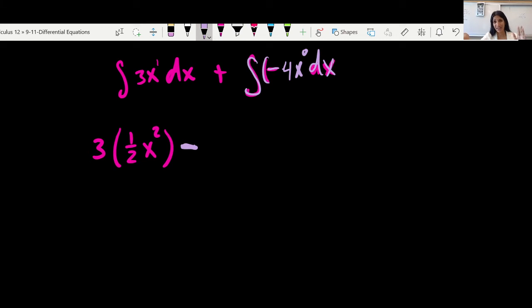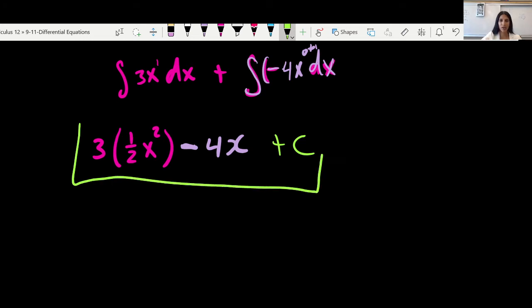You don't actually have to write that. I'm just doing it so you clearly see where it's coming from. We add 1 to the exponent, so this would be minus 4 times x, because I don't need to worry about the over 1 here. It's just minus 4x. And then, of course, we always have the plus C at the end.